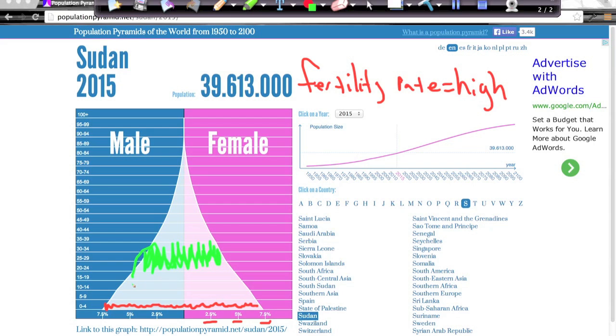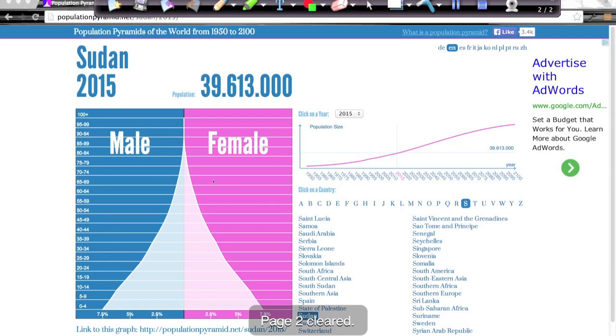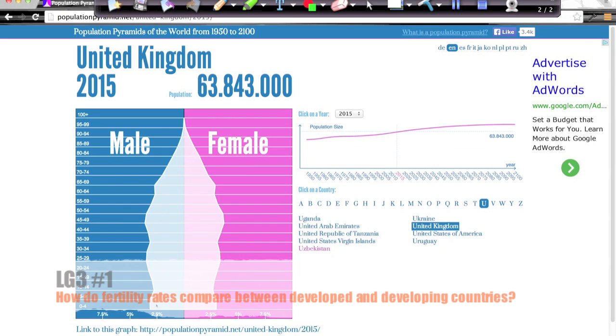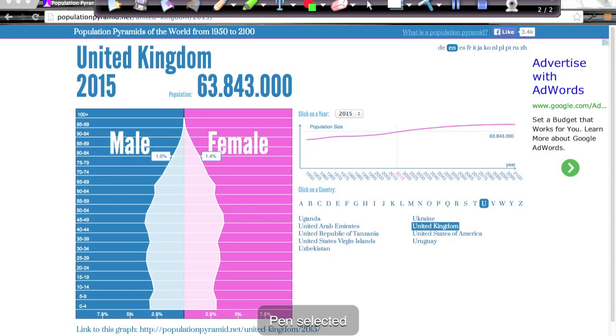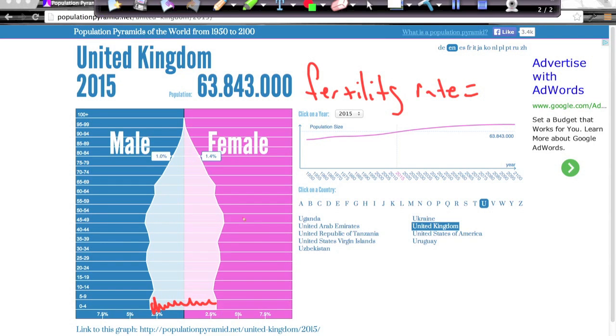So let's go ahead and look at a developed country and see what changes. Alright, so a developed country would be like the United Kingdom or England. We all know that that is developed, right? Alright, you see how that is different? That's very different. And that's for a lot of reasons. Alright, the fertility rate here is low.